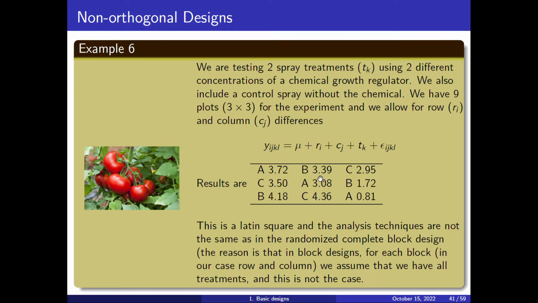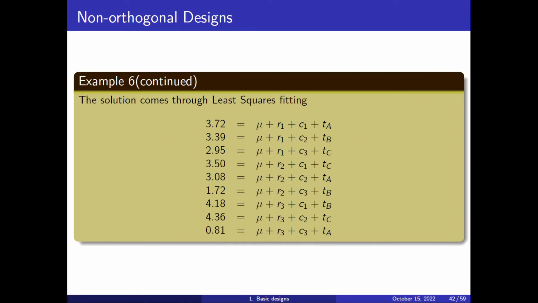And the same for the rows. So if I want to see what is the contribution of this row, I compute the average of the row and subtract the overall mean. So we said those are true for balanced designs.